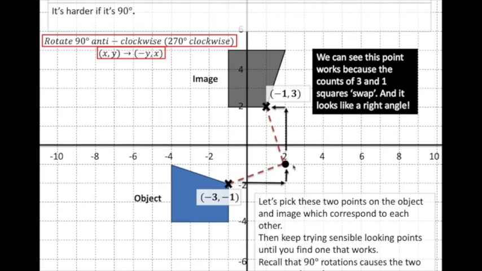And going from the center of rotation or fixed point to that relevant point on the image, we have -1, 3. And these two satisfy this rule because -3, -1 changes to -1, 3. So that is the center of rotation or the fixed point. It takes some time to get the hang of this. Yeah? It requires a lot of trial and error.